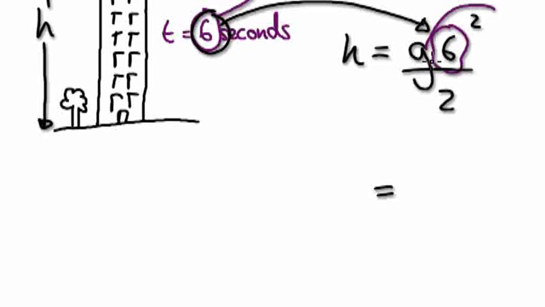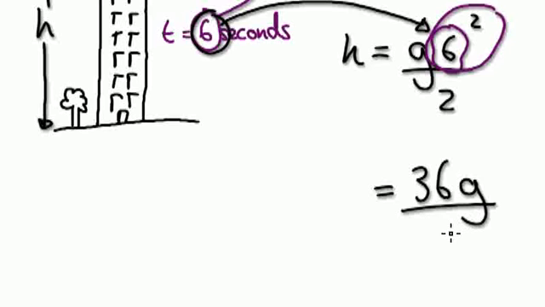So we are trying to work this out now. 6 times 6 is 36, and then times g over 2. I'm doing 2 steps in one go. I'm working this out to be 36, and then I'm putting the number in front.